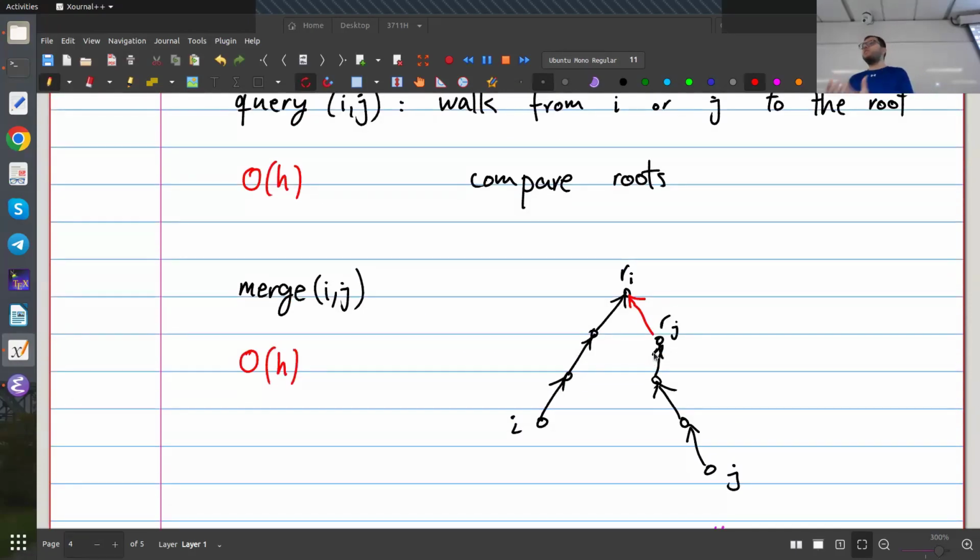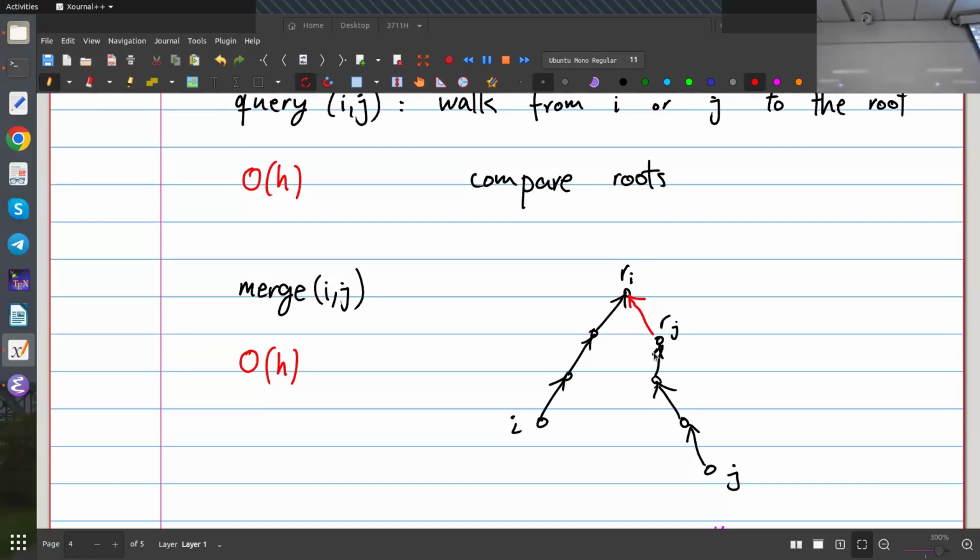So when I was working with representatives, when I merged some set into another set, I had to change the representative for every member of that set. But when I'm working with trees and I want to merge two of them, I just have to change one pointer. I just have to take the root of one tree and say that you're now the child of the root of that other tree, right?